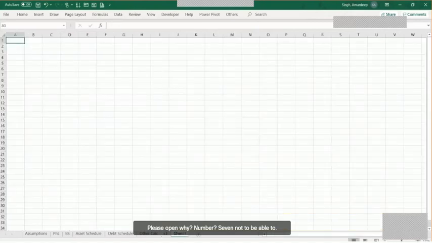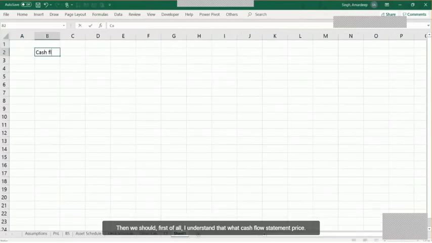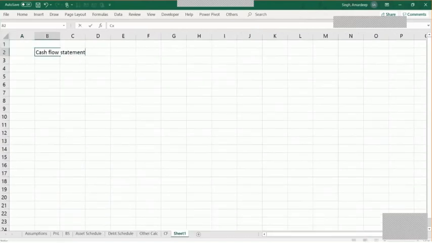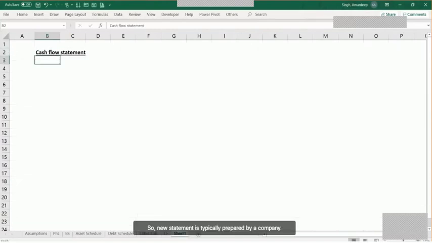Now, to be able to create the cash flow statement, we should first of all understand what a cash flow statement tries to do. A cash flow statement is typically prepared by a company to indicate the flow of cash in a company during a particular year.